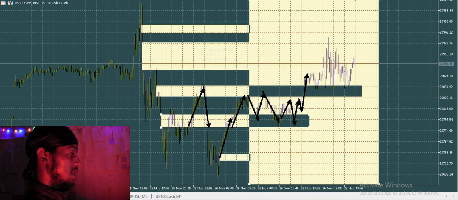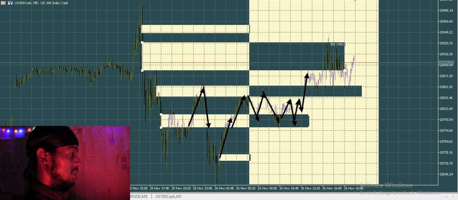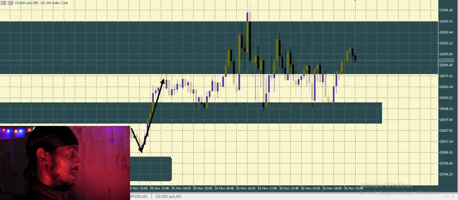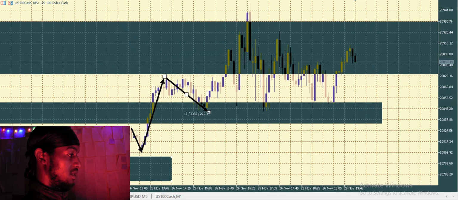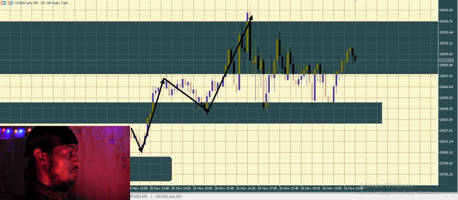And then from there, we could say our next FVG is this one right here, which was a pretty wide imbalance, as you can see, but now price is ranging in between these two imbalances, the same way it was ranging between the two lower imbalances.